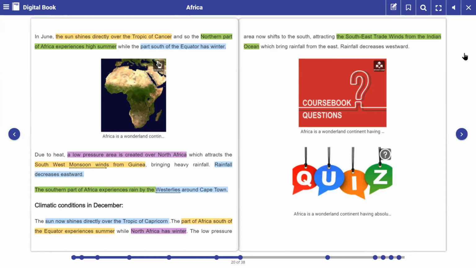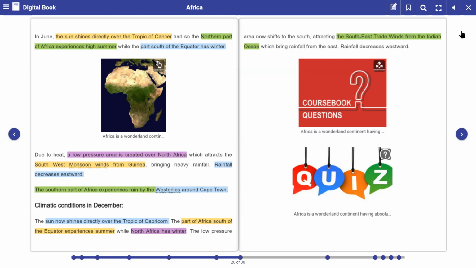Okay, and what about December? Ma'am, the northern part. What is happening? Just because there is a shift of low pressure to the south. So the southeast trade winds come from the Indian Ocean and they are bringing rainfall.